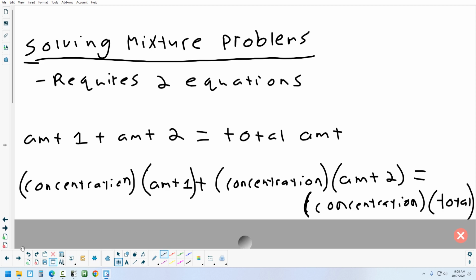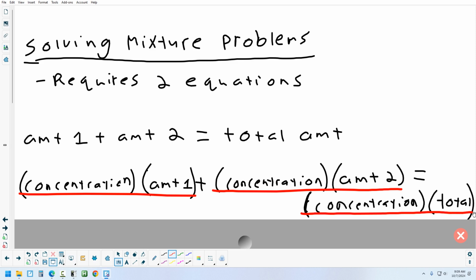It's three different things. It's the concentration times the amount for the first solution, then the concentration times the amount for the second solution, and that's equal to the concentration times the amount of the final solution.